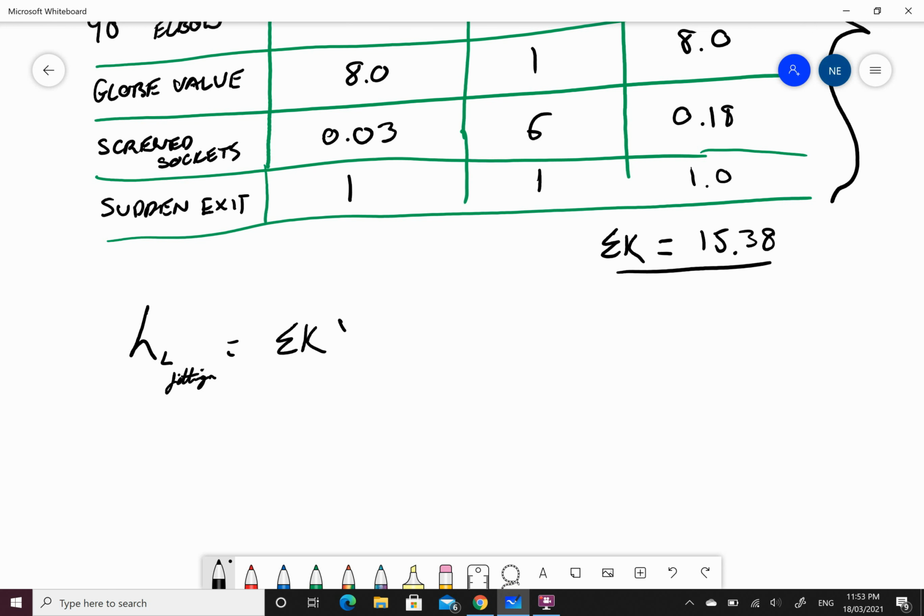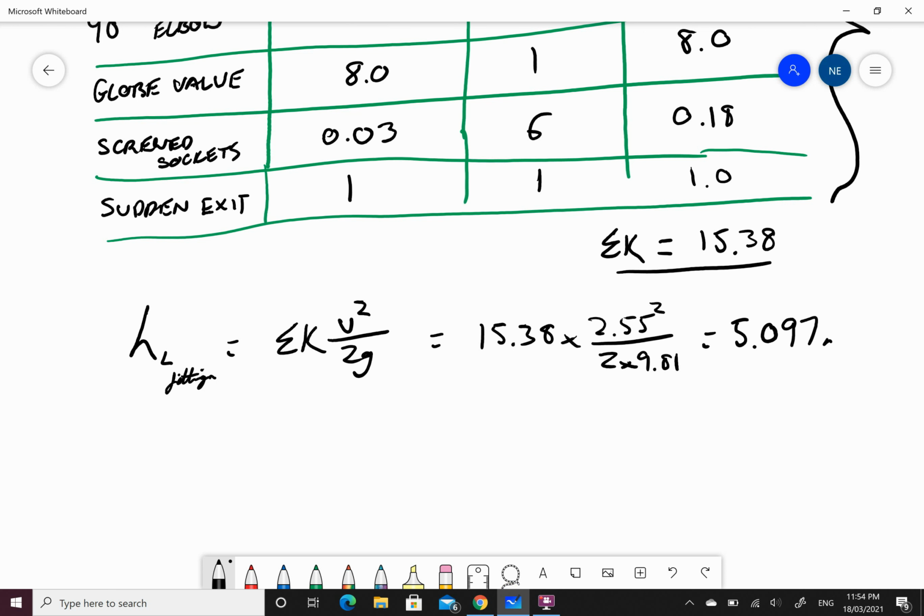Sum of K times the velocity head, which equals 15.38 times 2.55 squared all over 2g, which gives 5.097 meters.